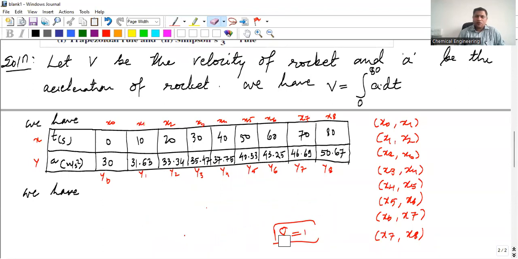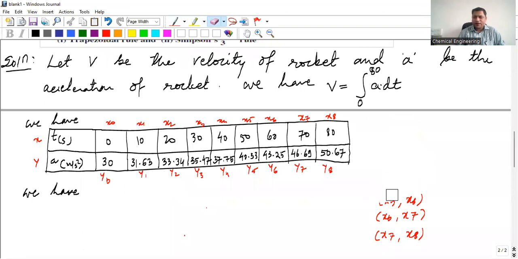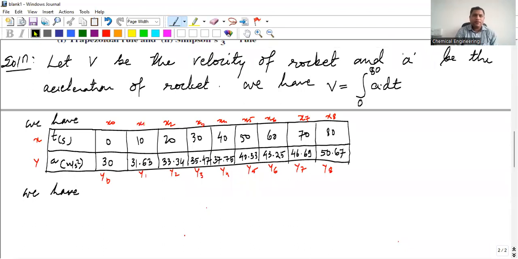Okay, so now we need h. We know that there are 8 subintervals, and the number is even, so we can apply Simpson's 1/3 rule. Now, h is equal to xi minus xi minus 1.